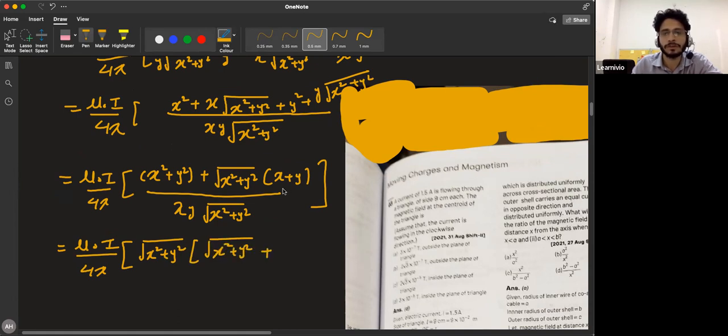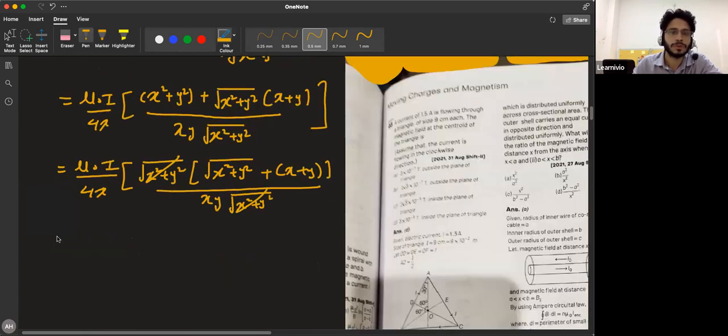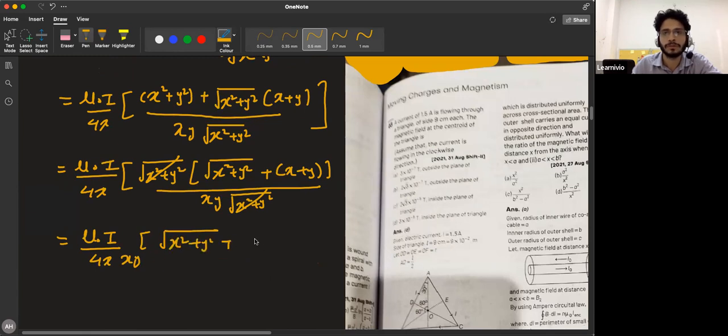And here it's x plus y divided by xy into root over x square plus y square. So this will cancel this term. So it's mu naught I by 4 pi. Denominator we have xy, so we have root over x square plus y square plus x.